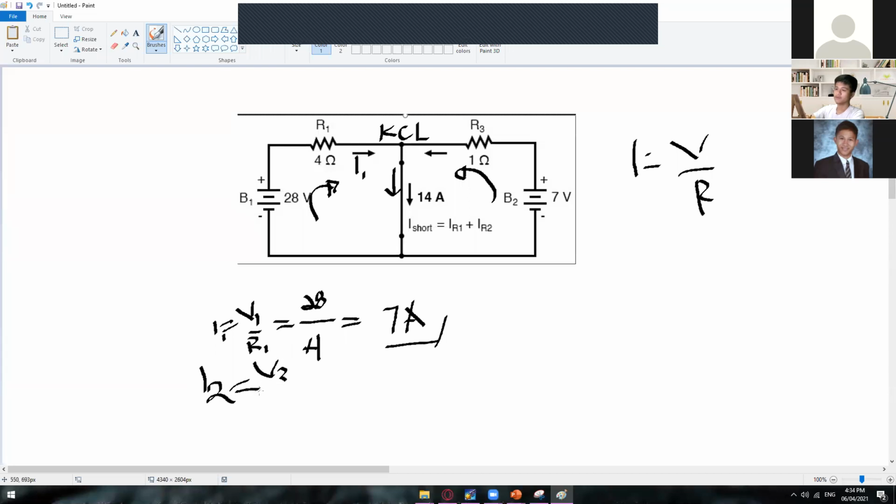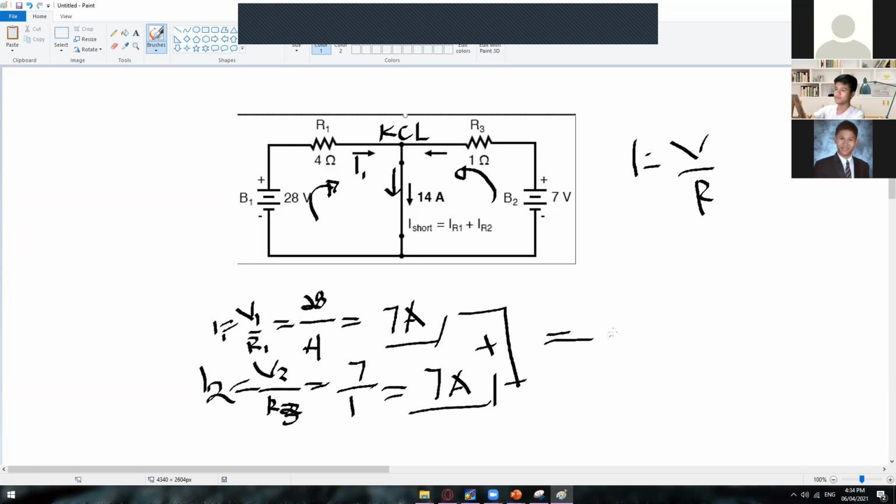For the I2, the same, we have V2 divided by R3, rather, sorry. So we have here 7 volts divided by 1, which will give you 7 amps. So 7 plus 7 will give you 14 amps. So that's how we got that value.